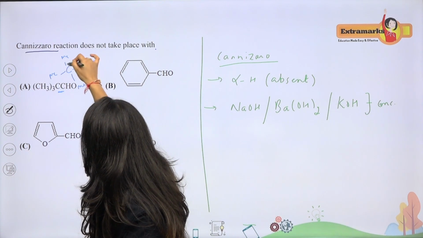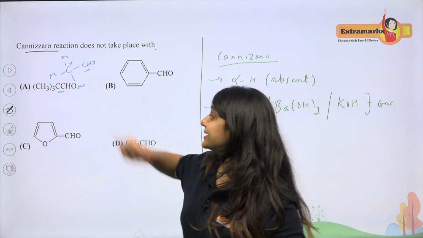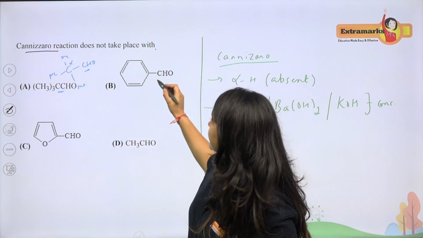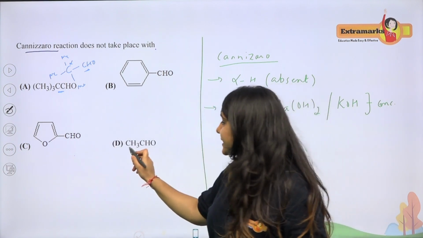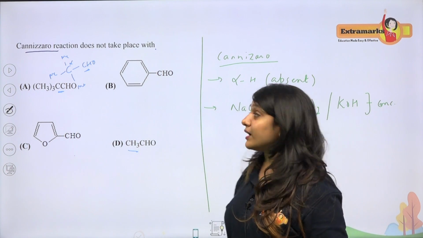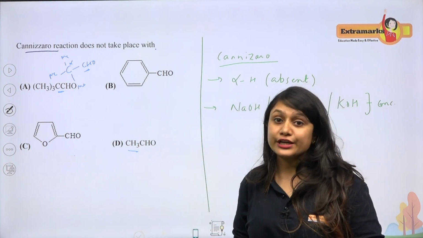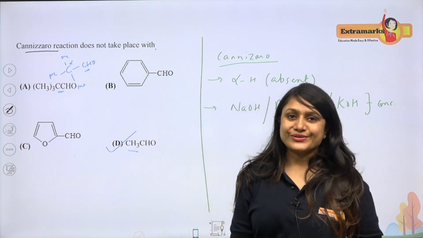So this is the carbonyl group and this will be the alpha carbon, with no hydrogen present. So this does not have alpha hydrogen. Yes, this will give you the Cannizzaro reaction. Similarly, this does not have alpha hydrogen. This also does not have alpha hydrogen, but this one has 3 alpha hydrogens. So yes, this particular compound does not give the Cannizzaro reaction. Clear? Okay. Very good.